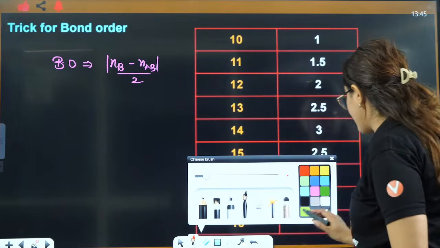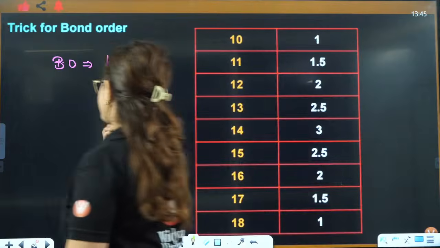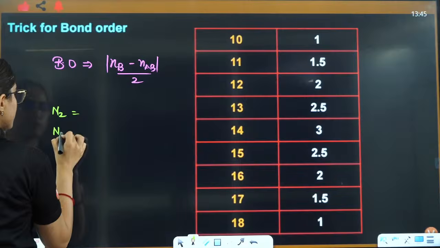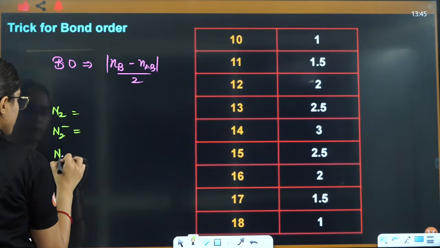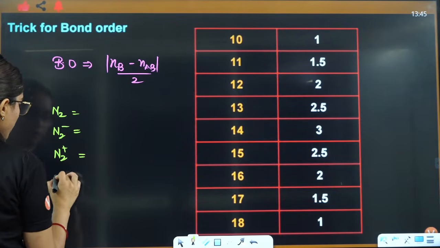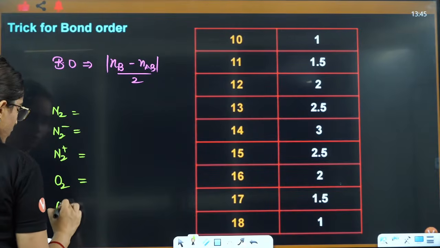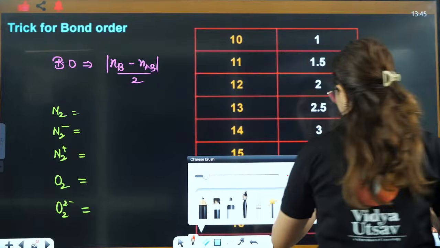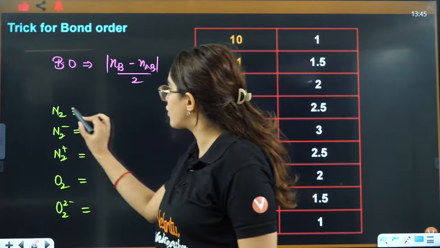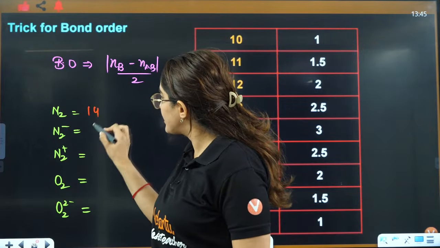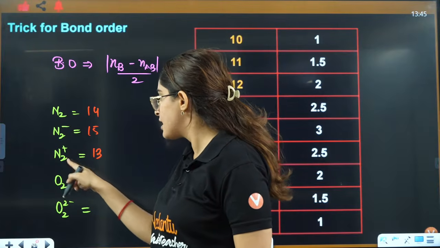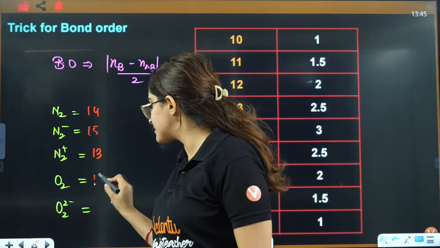Right, now for example, I do it for oxygen. Let's say I am writing it for nitrogen, N2 negative, N2 positive, then oxygen, O2 2 negative. Now directly tell me the bond order for this one. For that, first you will see the electrons. N2 is 14 electrons, N2 negative is 15, 14 plus 1, N2 positive is 13 electrons, 14 minus 1, O2 is 16, right?